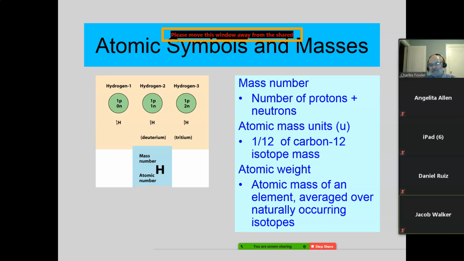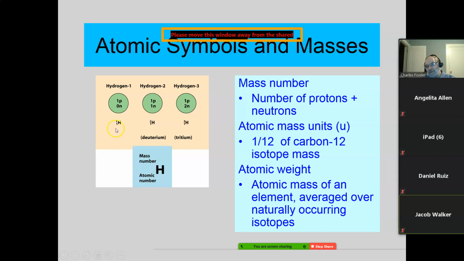So here's the example. Here's what we saw before. Here's your element here, hydrogen. Atomic number goes as a subscript in front. The mass number is a superscript in front. The atomic number is how many protons, so hydrogen always has 1 proton. But the mass number is the sum of the protons plus neutrons.